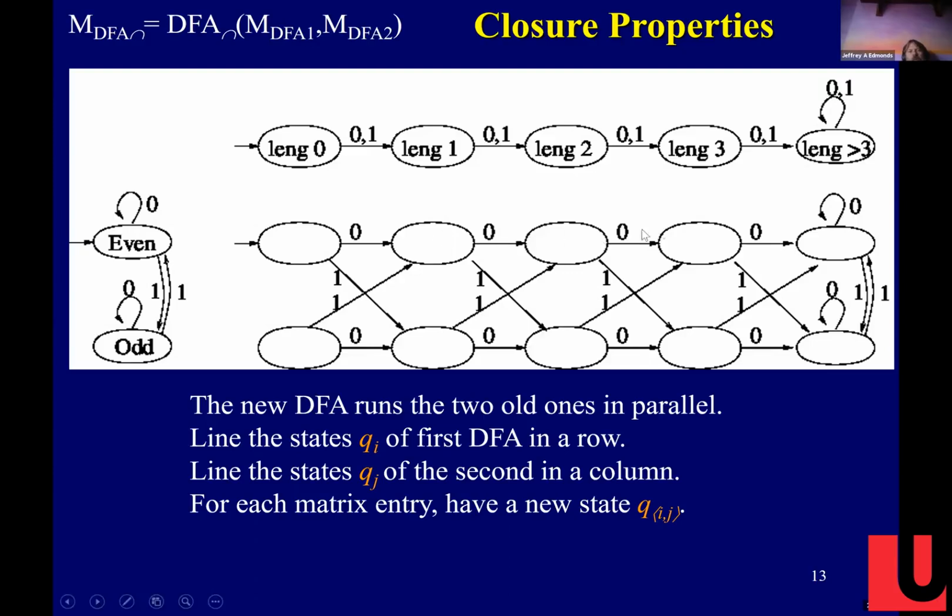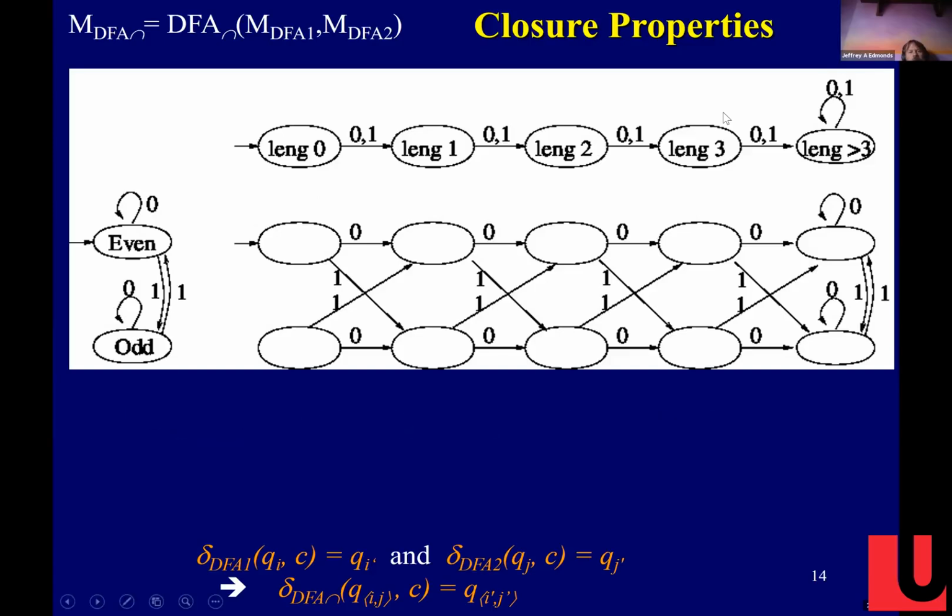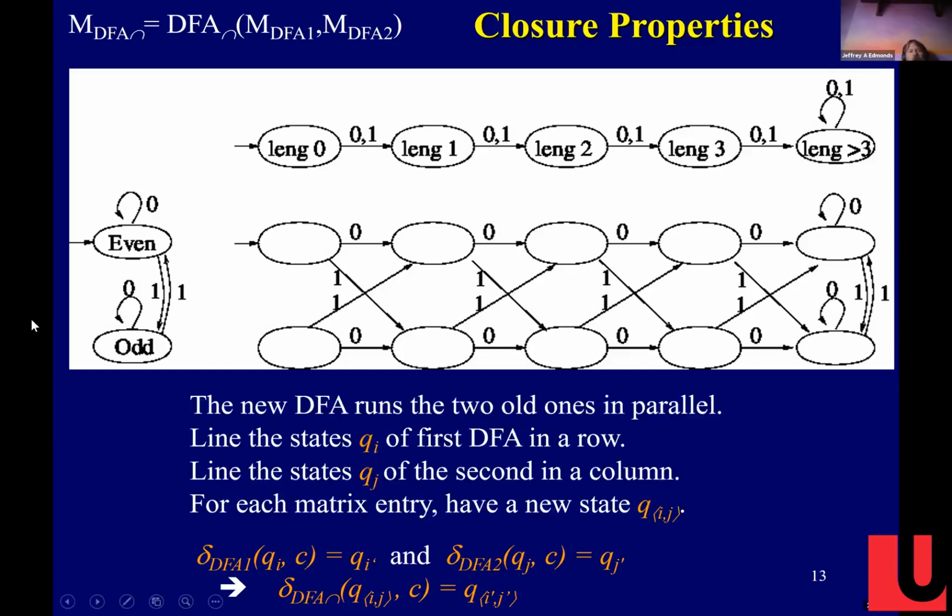All right, so now what's the union machine? Here we did sort of a cross product of this machine and this machine. This machine in the middle is running this and this. So here's a matrix. For every state here, I have a row, and for every state here, I have a column.